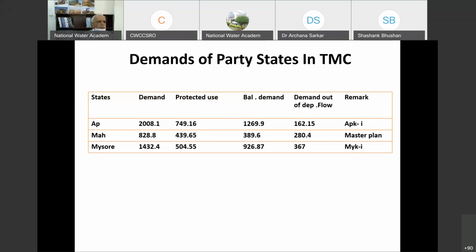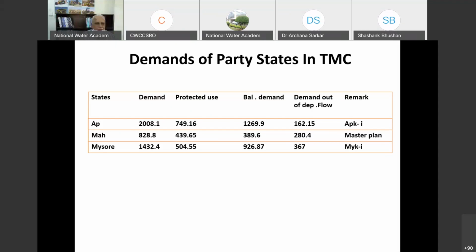So Andhra had a protected use of 749 point, the largest, 4.50 and 439.65 TMC. So almost between 1600 and 1700 TMC of water.